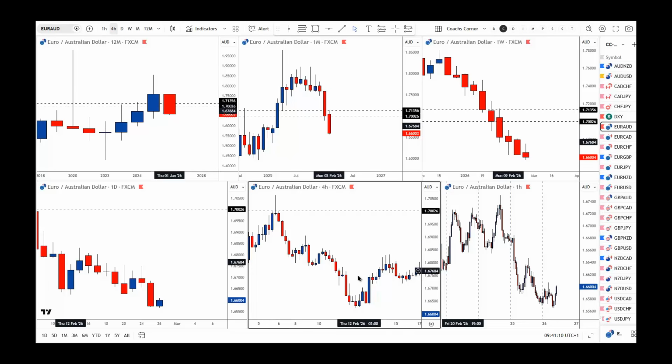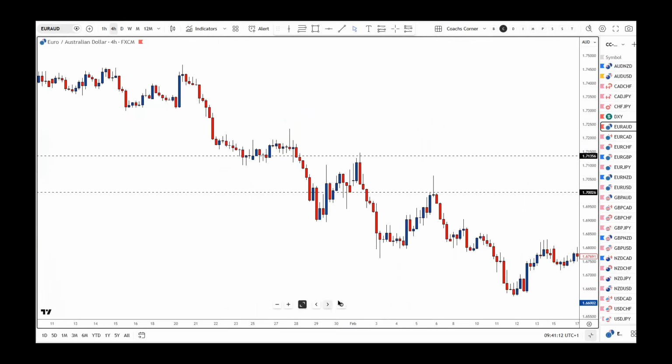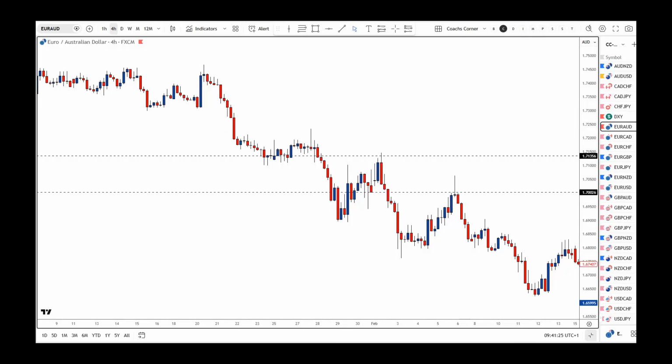So if I go back to the 4-hour time frame, this was a trading opportunity, but let's just say that we missed our trading opportunity. Now it's the start of the week, the week of February 2nd. And now price drops. When you drop, usually, not always, price moves in waves.